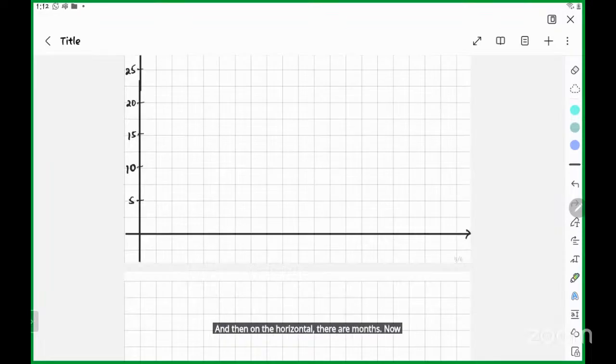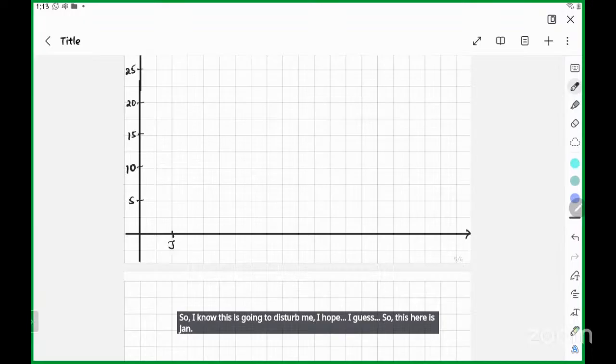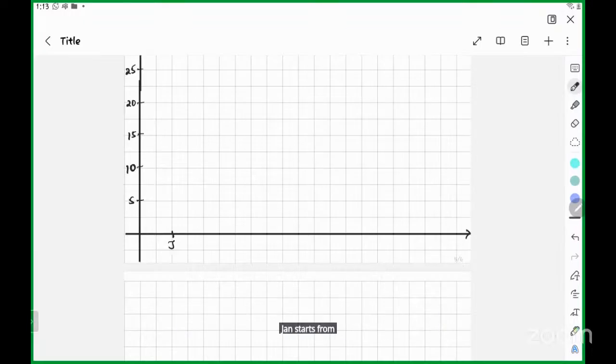Now, you don't put the month at a 0. A time series is recognized at the end of the period. So I know this is going to disturb me, I guess. So this here is Jan. Jan starts from 0. Where I've put the J is where the month ends. And then another one starts. So that is Jan, Feb, March, April, May, June, July, August, September.